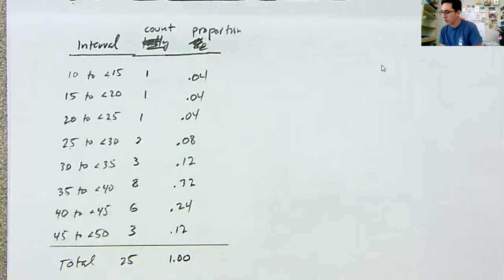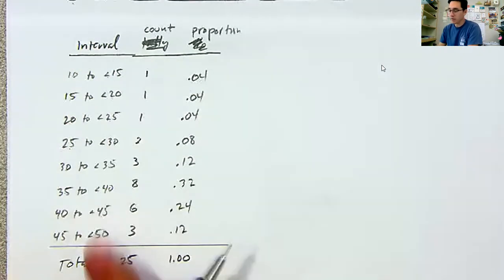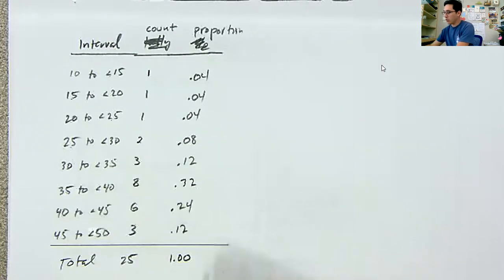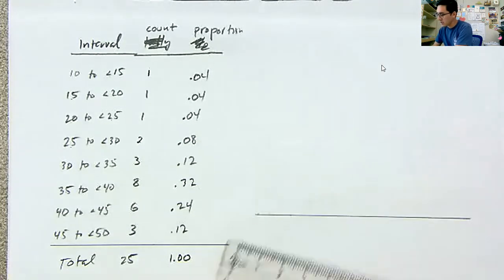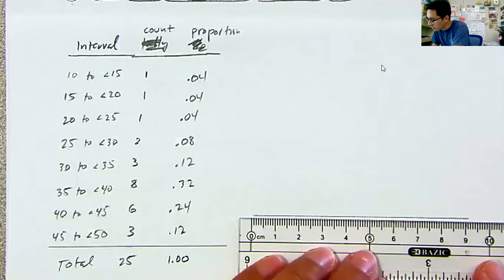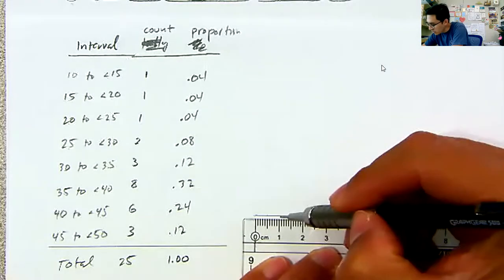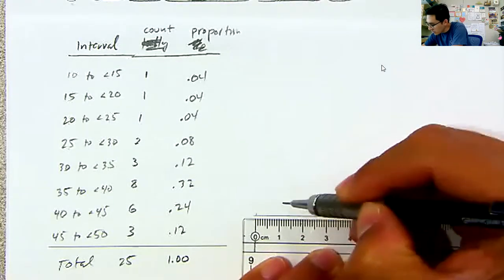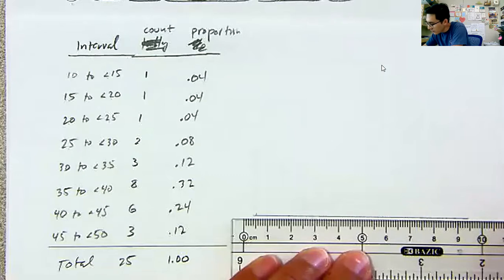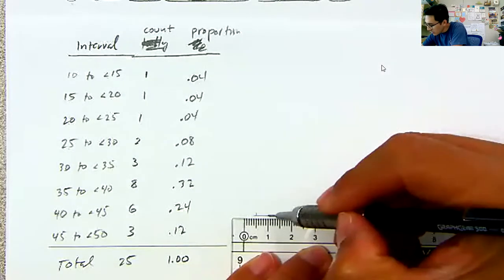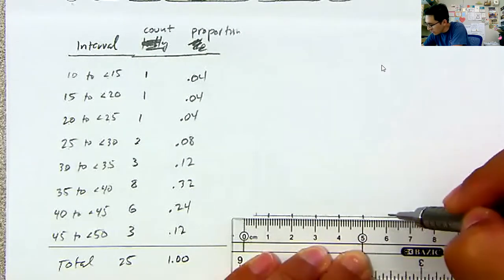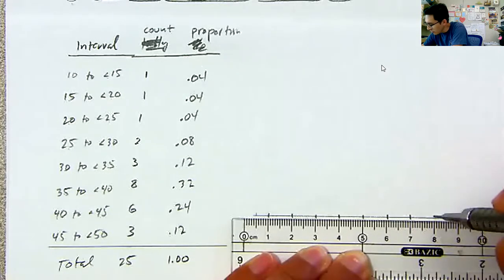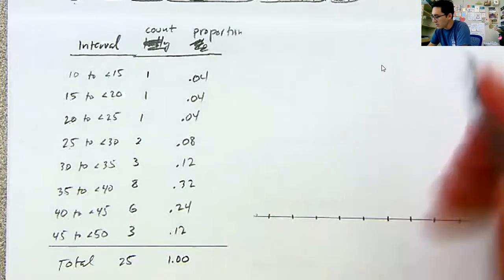All right, so now we're going to put these intervals on the horizontal axis. And then we need to mark this, of course. So this would be 10, 15, 20, 25, 30, 35, 40, 45, 50.